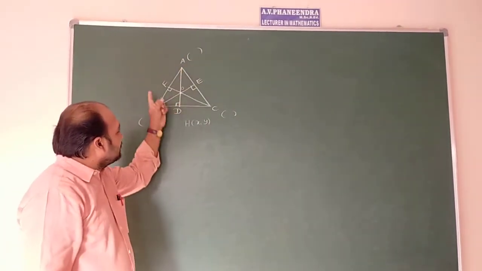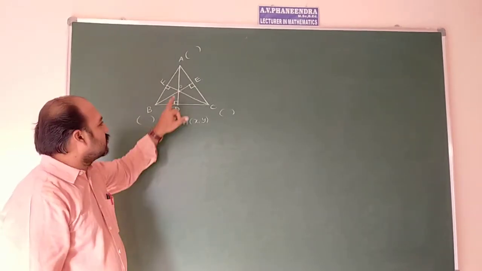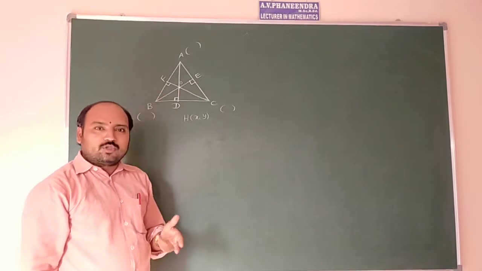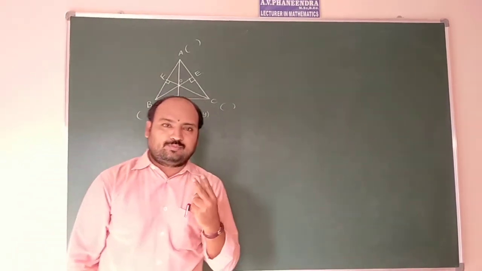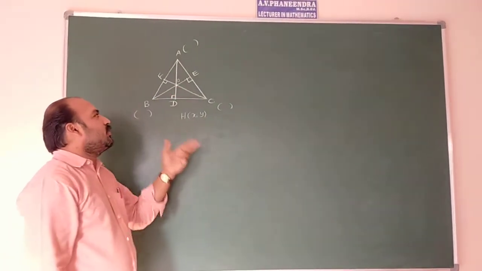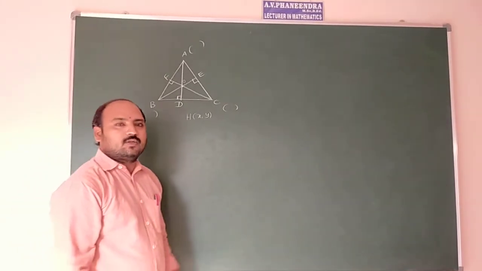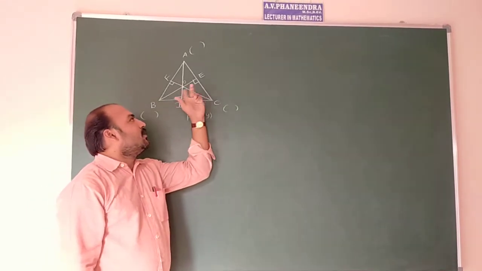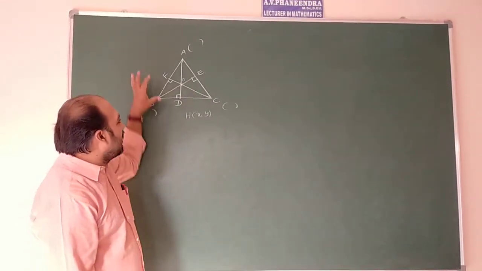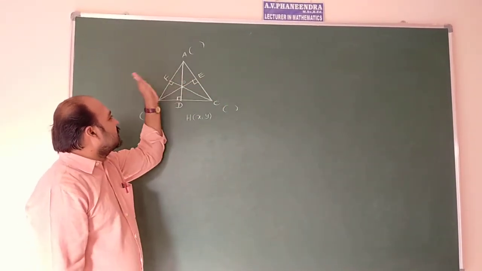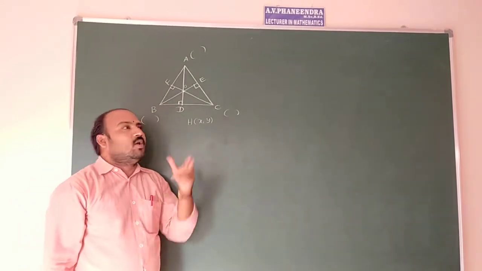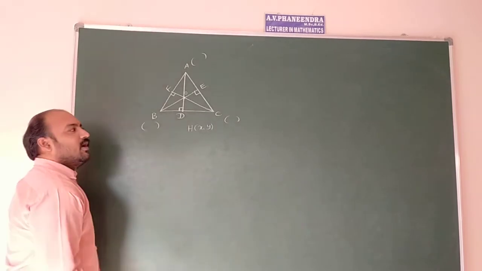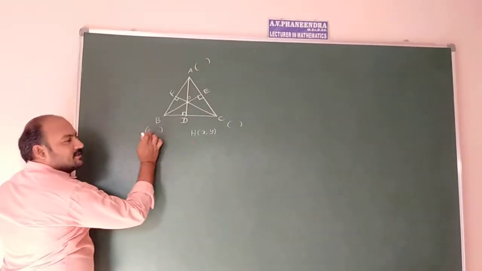The point of concurrency of altitudes is called orthocenter. Among these three altitudes, we require any two. Why? Because solving any two equations will give the same point. Concurrency means solving any two, it satisfies the other line, then the point is the point of concurrency. That is the reason among AD, BE and CF, when points are given, we need to calculate any two altitudes.